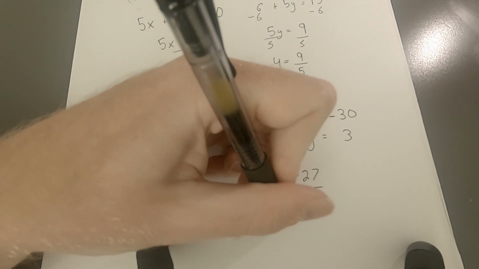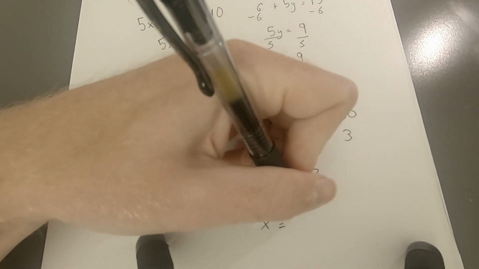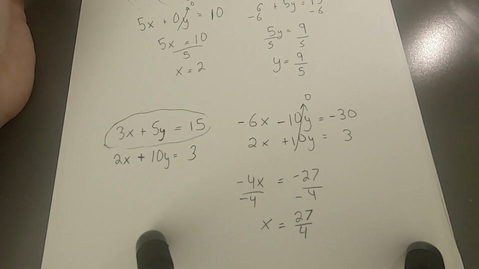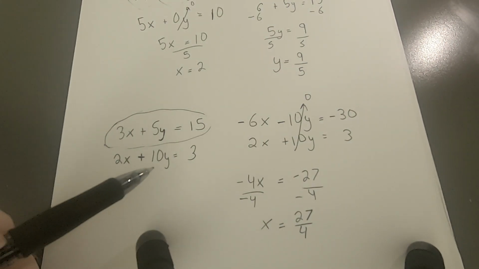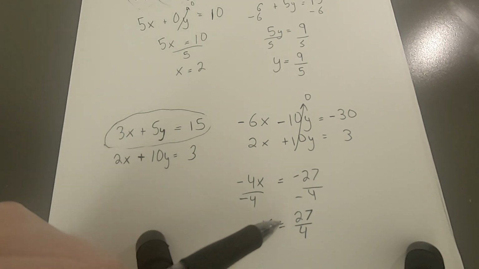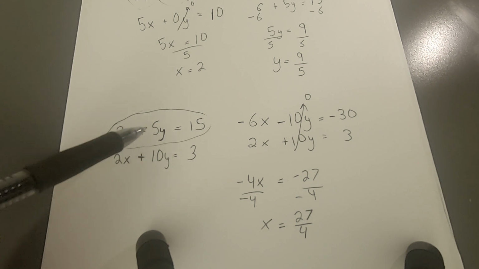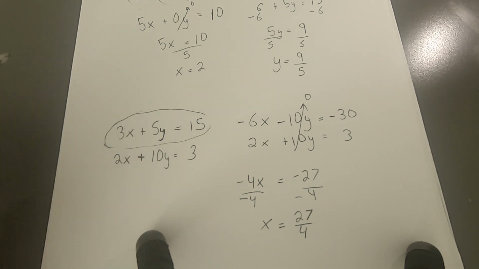We get x is equal to 27/4. Then, I'm not going to plug this one in, but you would just go ahead and plug this x into either of these two equations and solve for y. And there you have it. That's how you solve systems of equations using elimination. Thanks, guys.